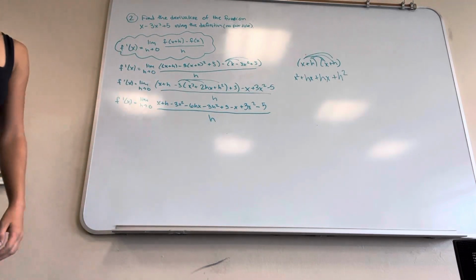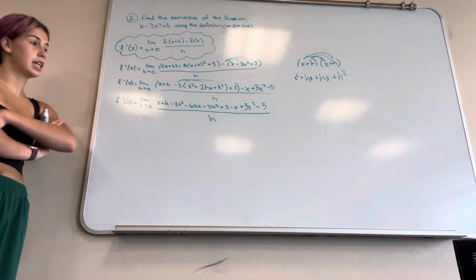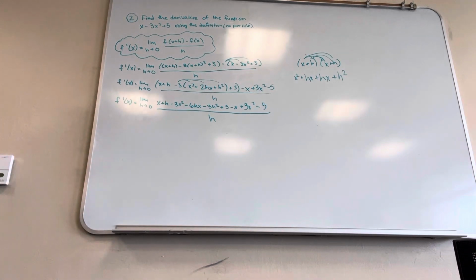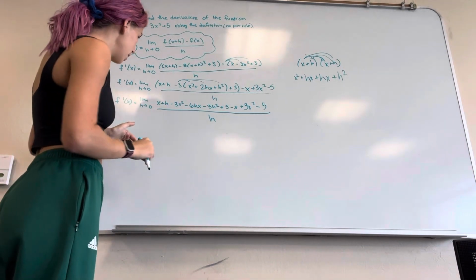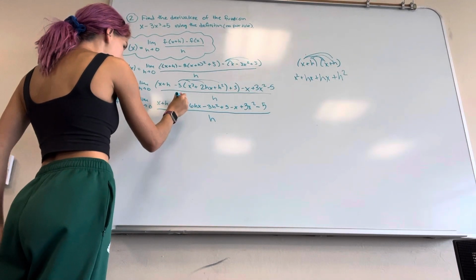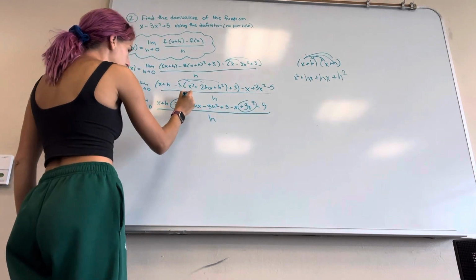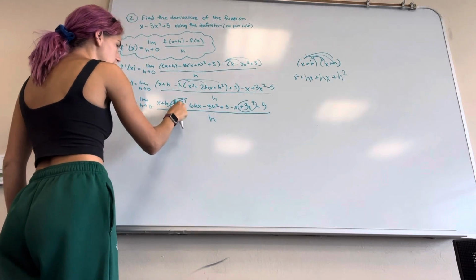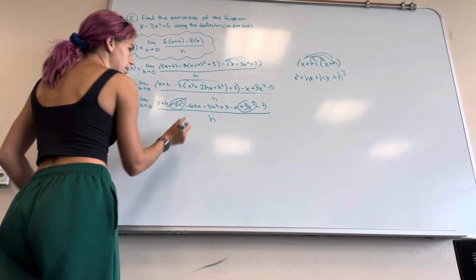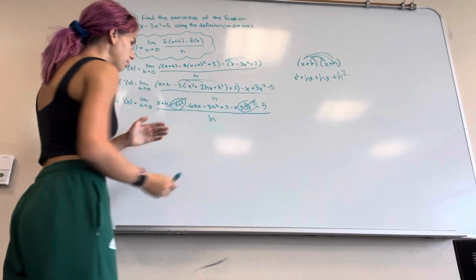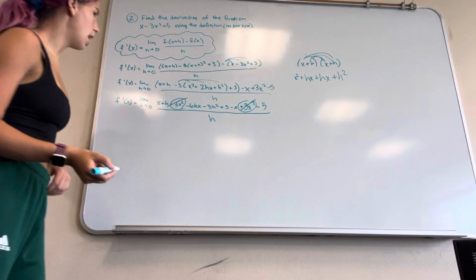So now that we've broken this function all the way down, the next thing is going to be canceling things out and figuring out what we don't need in this function. Okay? So what we're going to look at here, I notice that we have a minus 3x squared here, and we have a plus 3x squared here. We're going to be able to cross that out. Keep in mind that's still a minus. I just kind of drew over it, but we're going to cross both of those out because that's 0.